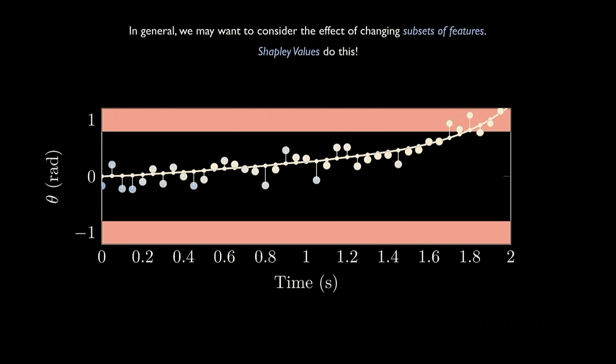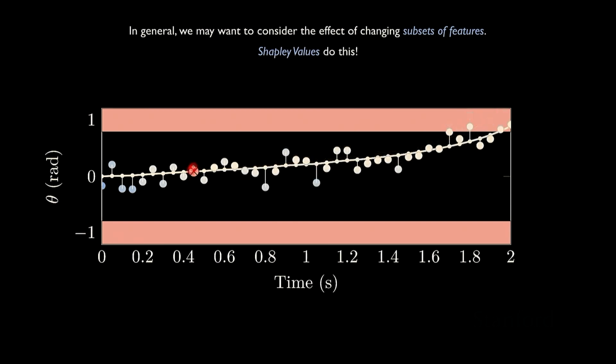And we can verify this. What happens if we remove, let's say, the feature with the 4th highest Shapley value? We take that disturbance and set it to 0. Then we see that the new trajectory changes a little bit. It's a little less close to failing, but it's still failing. Then we take the one with the 2nd highest Shapley value, which also changes a little bit, then the 3rd highest and the 4th highest.